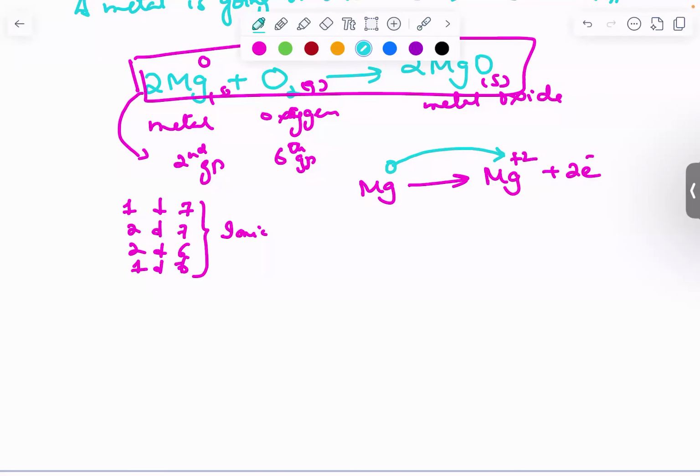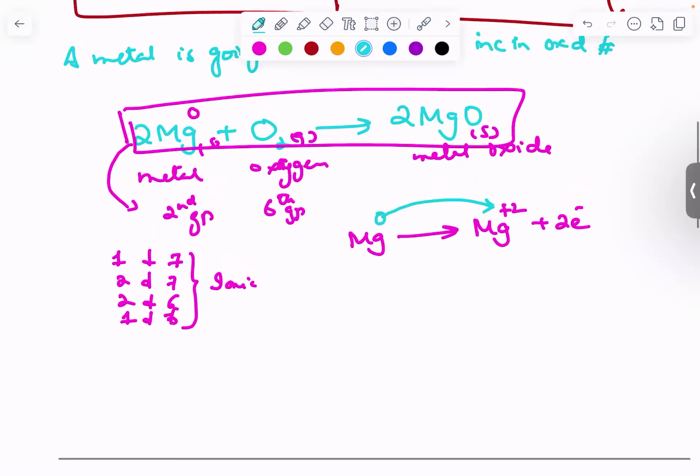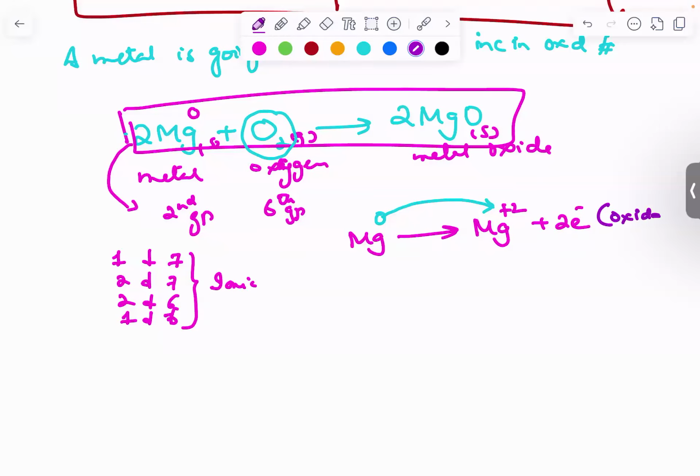And now the other element, what is the other element? I am not making the direct equation. I am making the equation in two steps. So I am going to write oxidation in front of this. And then the other equation: I'll take O2 gas, plus these are the electrons.